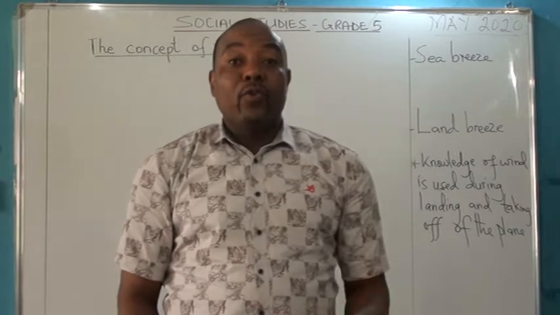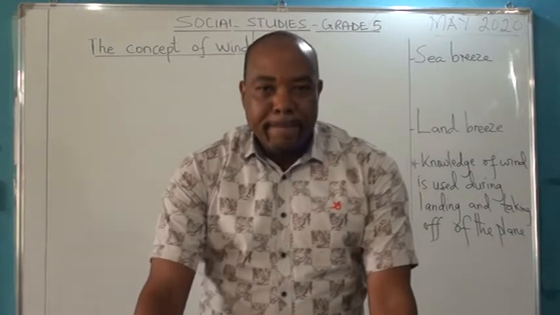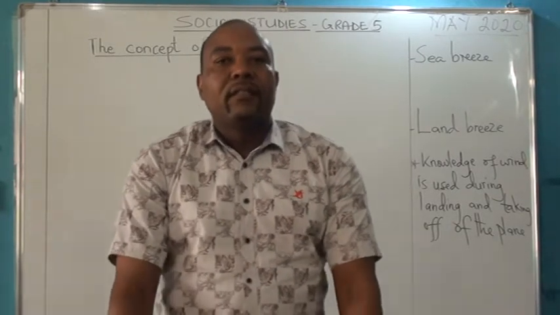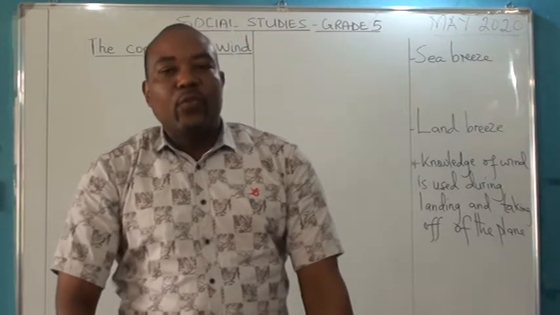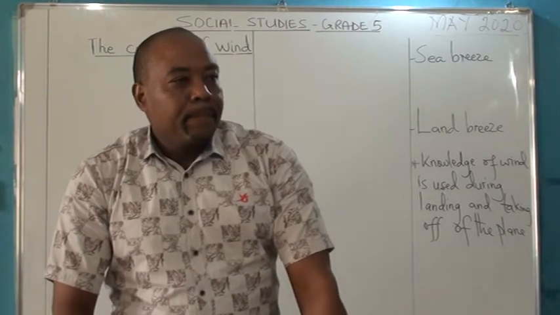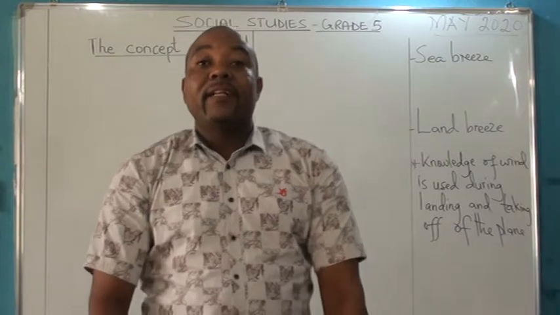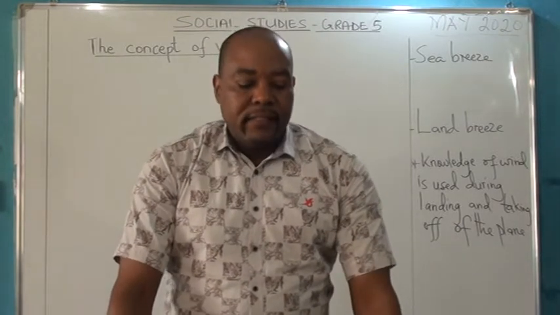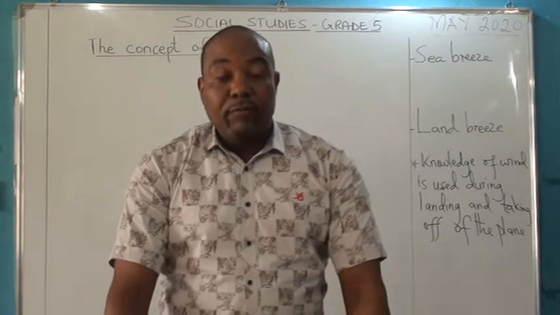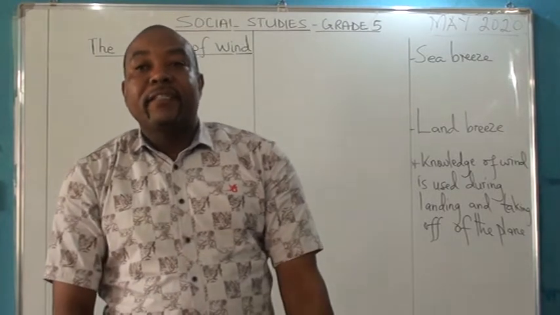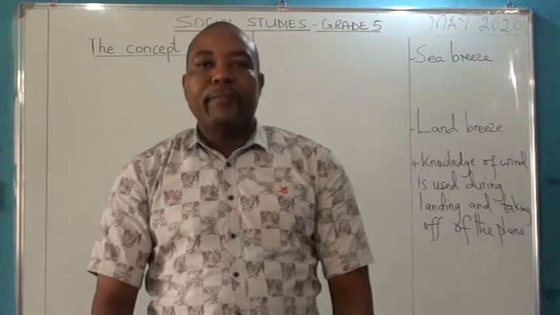I remember when you were in grade 4, I taught you about a certain topic known as weather. We said that weather is the condition of the atmosphere that is recorded for a short period of time.